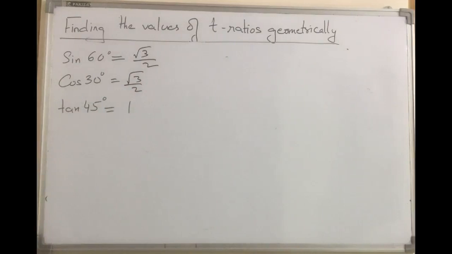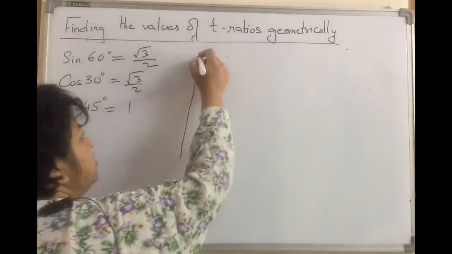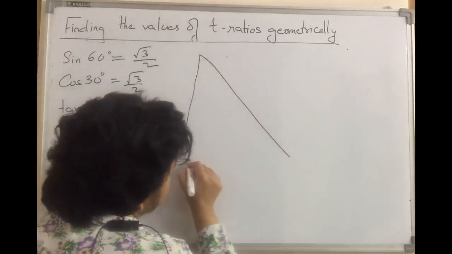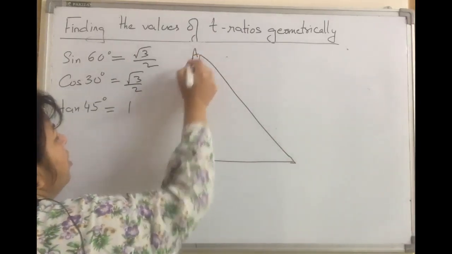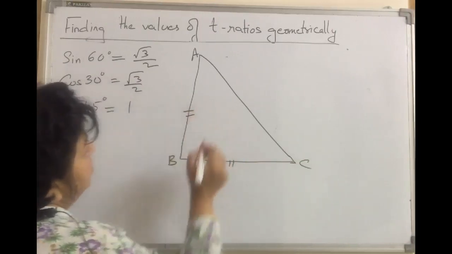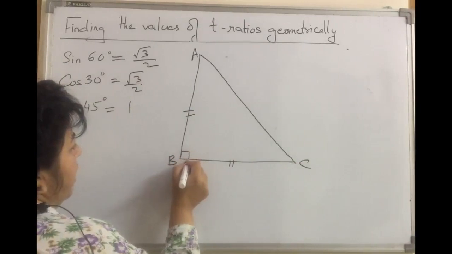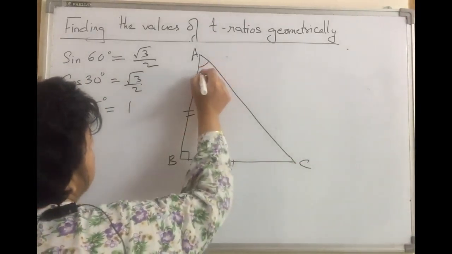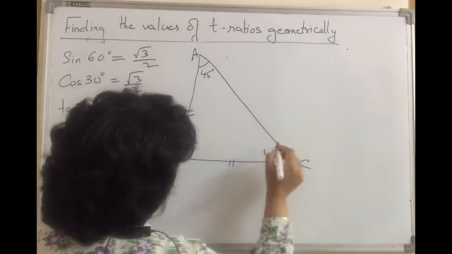So you need to construct a triangle where you are getting an angle of 45 degree. So for that we'll construct an isosceles right triangle. This is your isosceles right triangle. Isosceles means BC and AB are equal. And right triangle, angle B 90, so angle A is 45, angle C is 45.